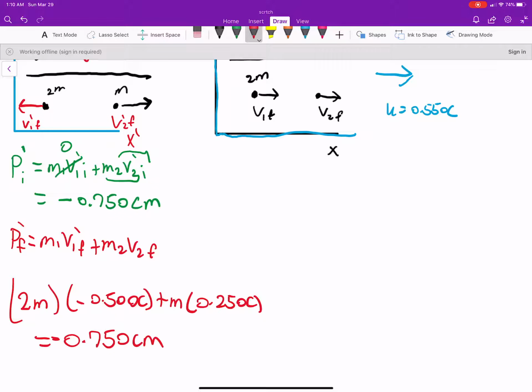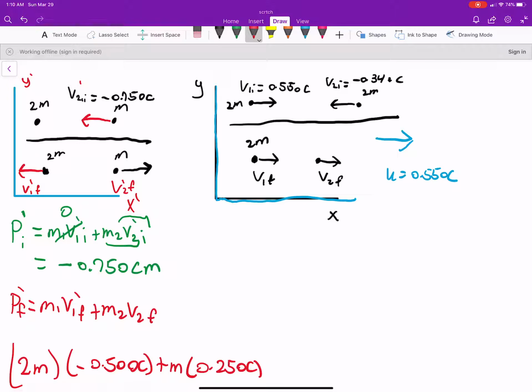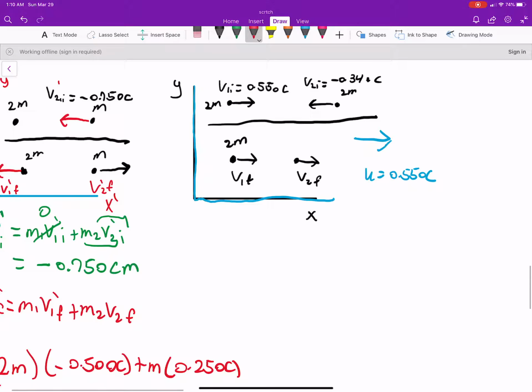But if we look at the second one, it's a little different because we have a moving reference frame moving at very fast speeds. I don't want to go through this all again, but you'll find that if you do the momentum initial, it does not equal momentum final. And this is a problem because conservation of momentum should be valid.